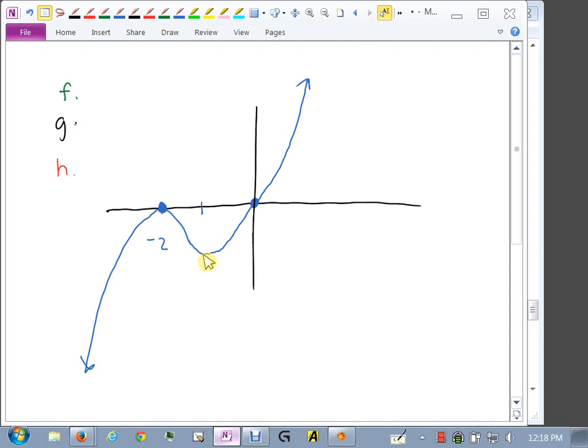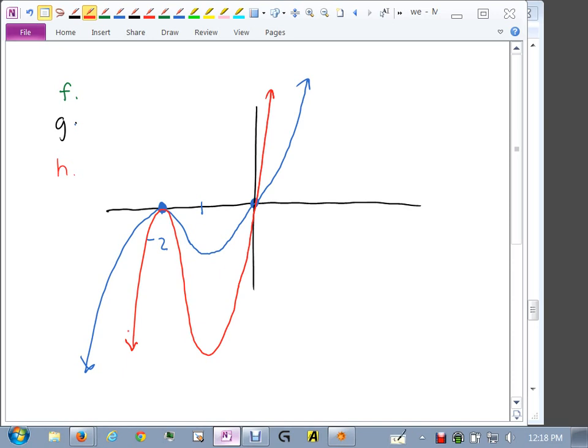So you may draw it, and your answer may be this. Yours may look like this. That's no good. Okay? That would be correct.